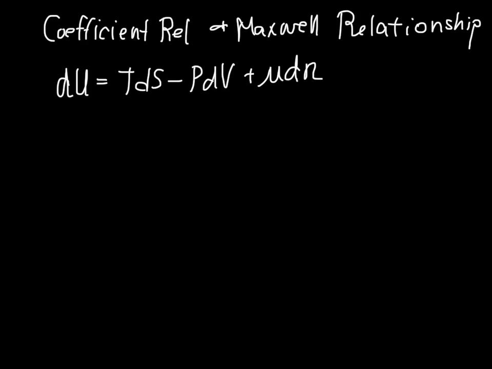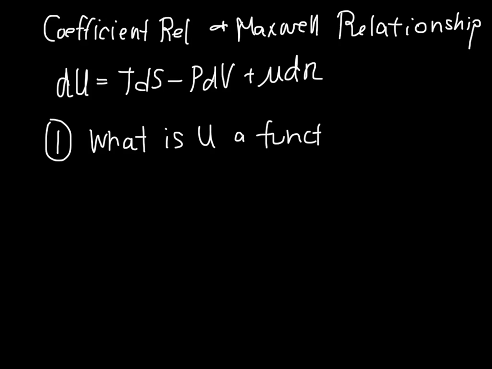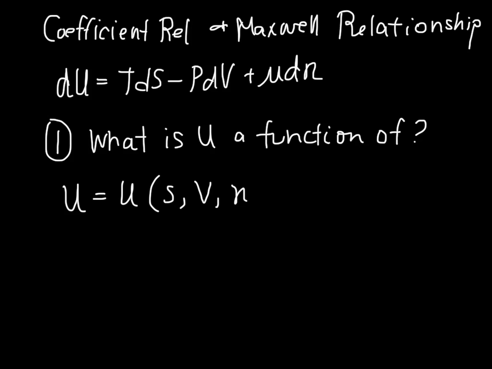So the first thing that we want to do, step one really, is to figure out what U is a function of. Right, so we can see that U is a function of S and V and N. And then the second step will be to write the total differential.